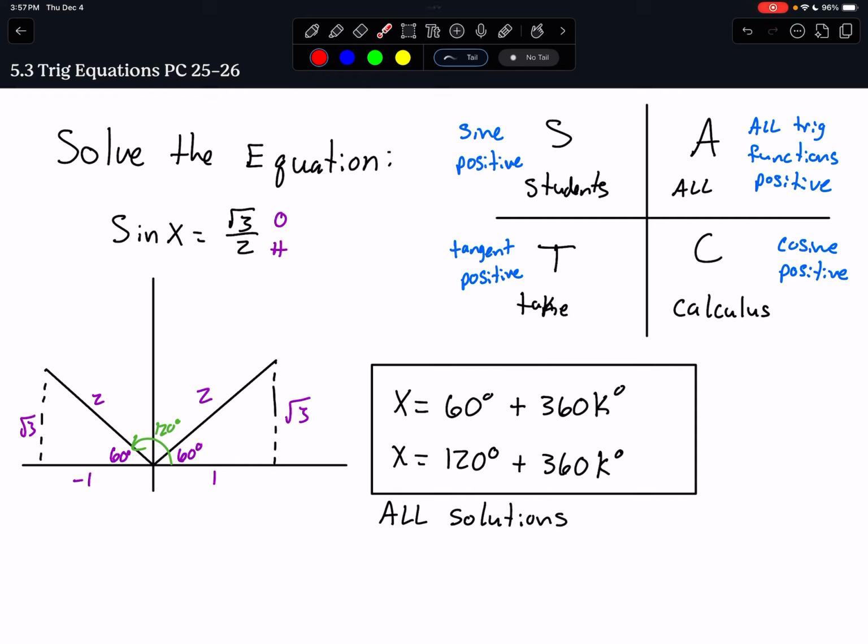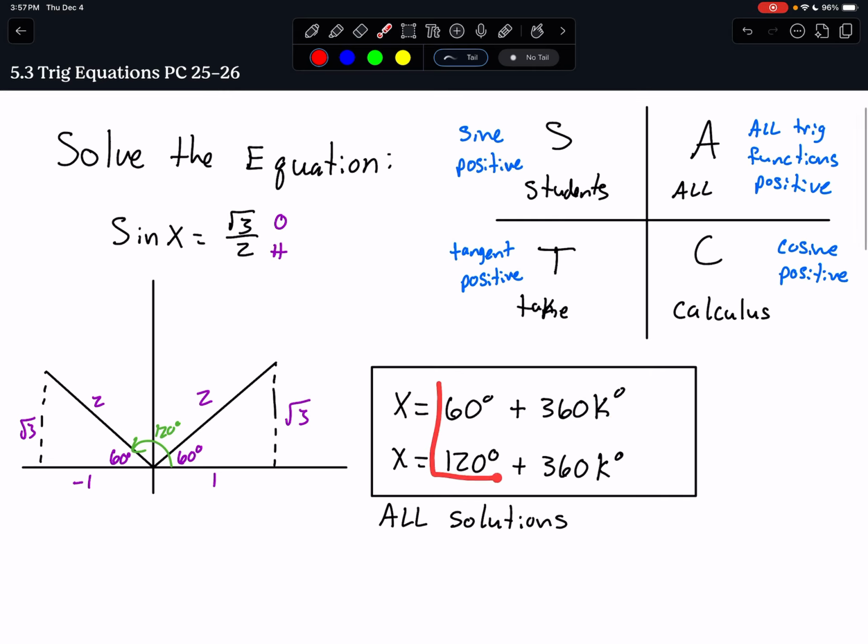So that can be any integer. So this is just representing k rotations around. Okay, so that's going to be all solutions. You do need both the 60 and 120. If you just had the 60, for example, and you just had 60 plus 360k, you're never going to get 120. So you actually need both of those solutions.